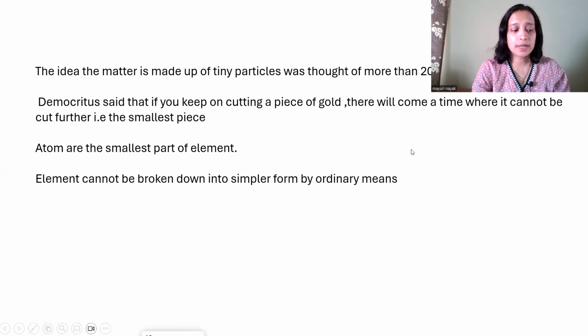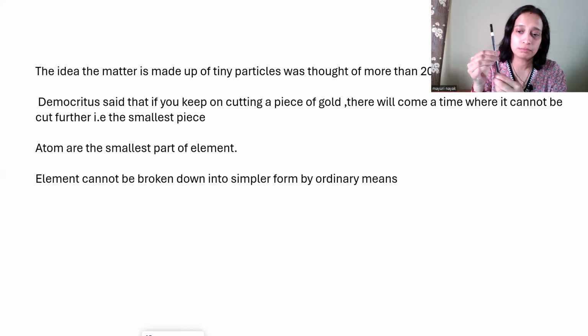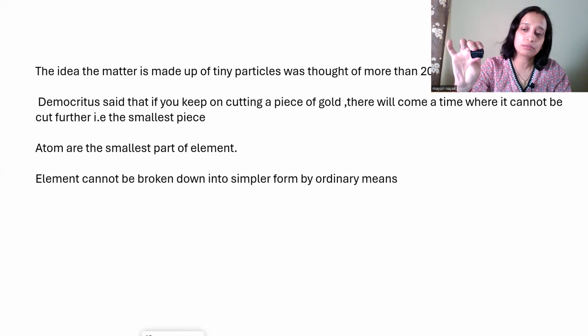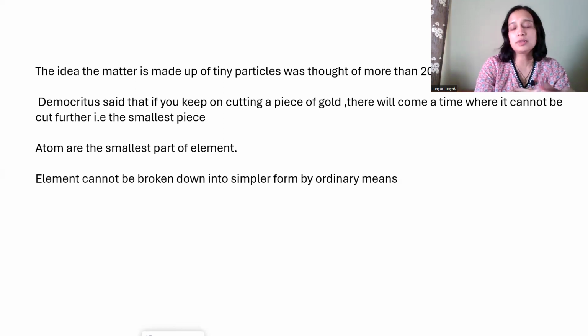Now, let us start with the topic. We should start with solids. Can you see this pencil? I am trying to press it. Can it change its shape? No. What about this pen? Again, I'm trying to press. No, it cannot change its shape. Sharpener? No. So, how are the molecules in solids arranged?